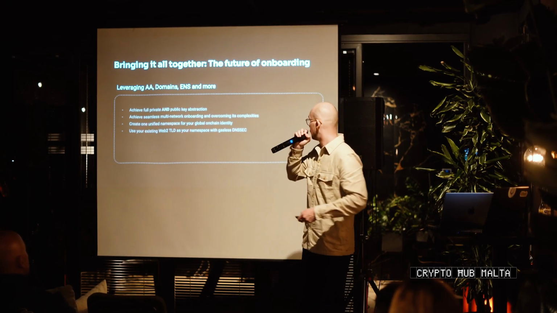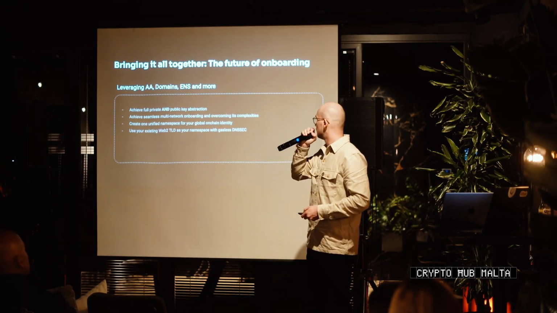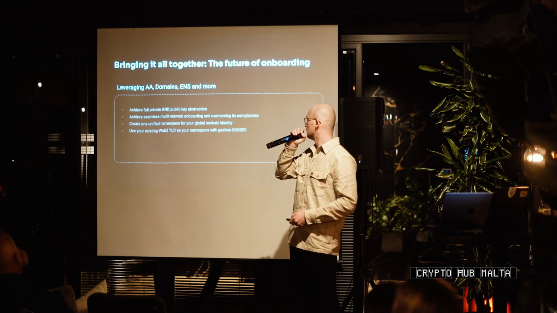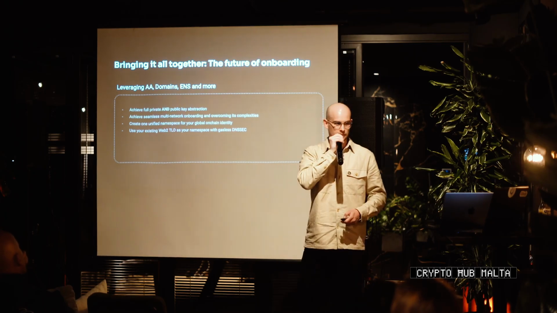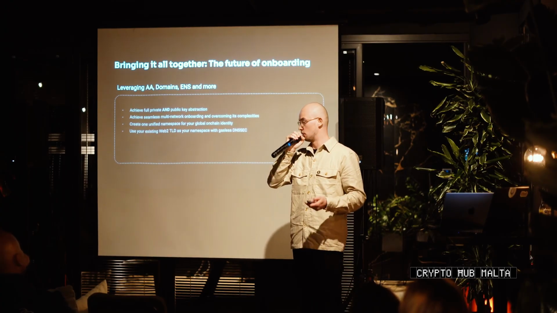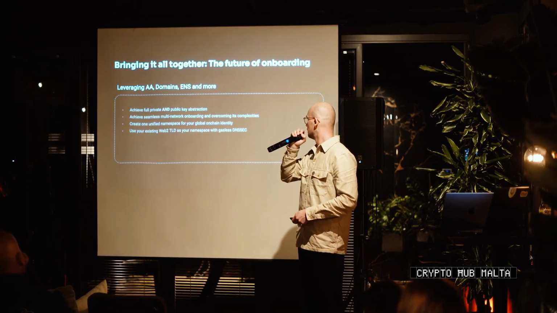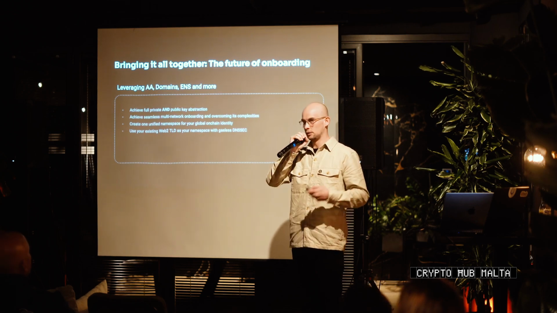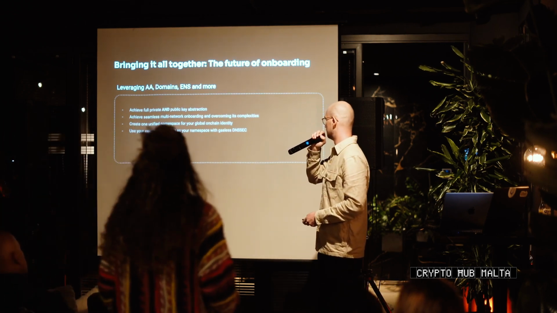And yeah, bringing it all together, the future of onboarding is achieving full private and public key abstraction. We also achieve seamless network onboarding, and we will overcome all the complexities that are there. And we will also create one unified namespace for the global chain economy.